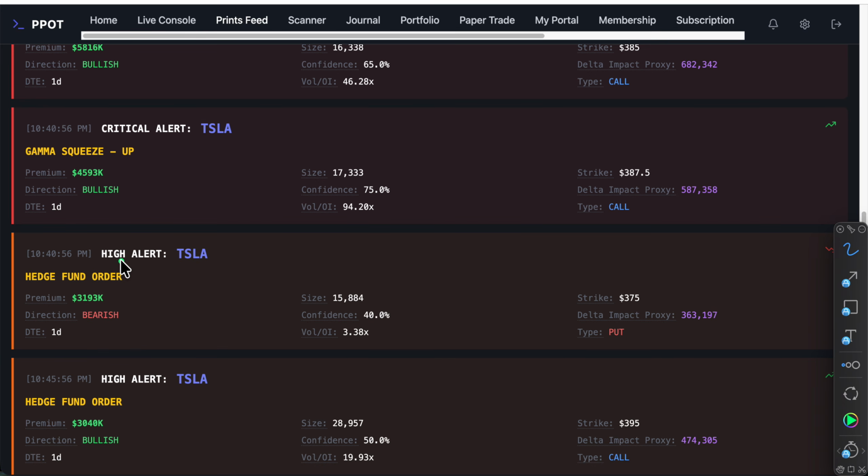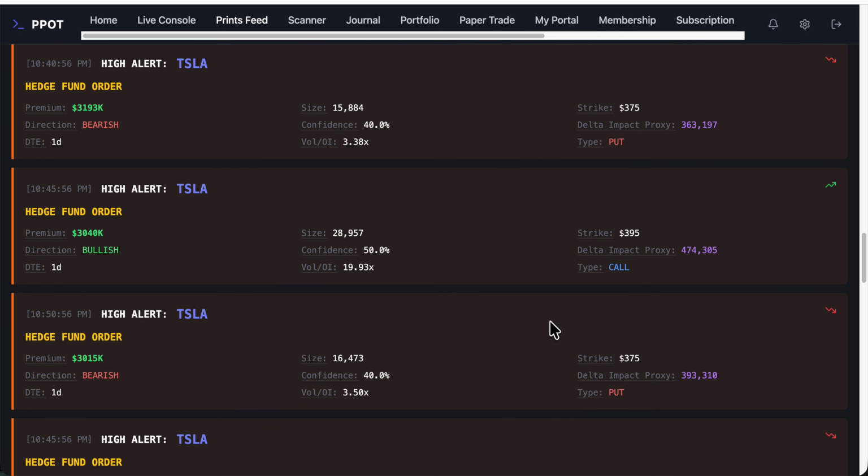It tells you that the big smart money is making a move. So you know that the volume is there, you know that the volatility is there, because options drive stock, and it tells you it's a hedge fund order, like you won't get this information anywhere else. You got the size of the trade right there, size of the contracts.